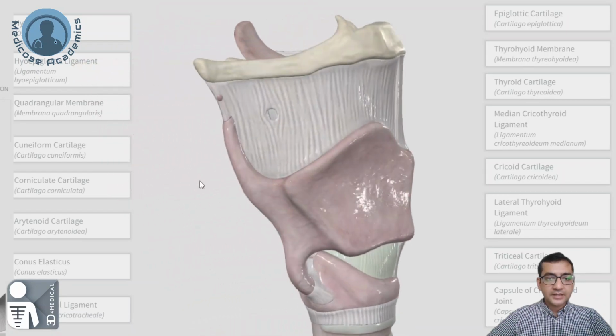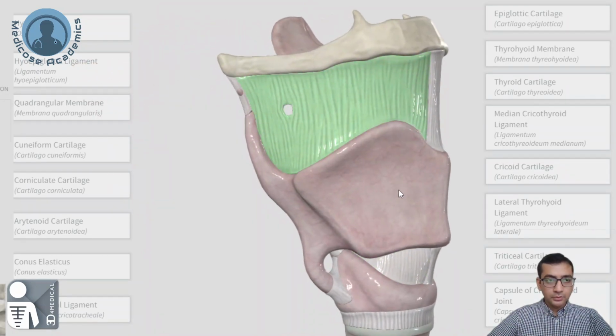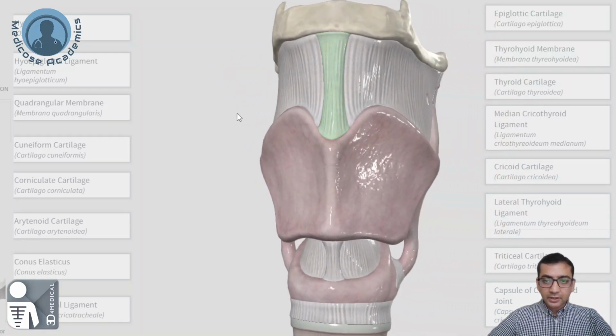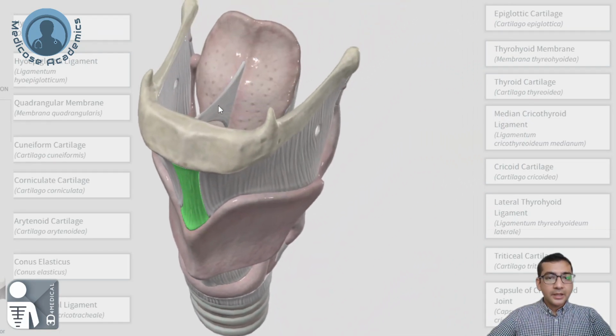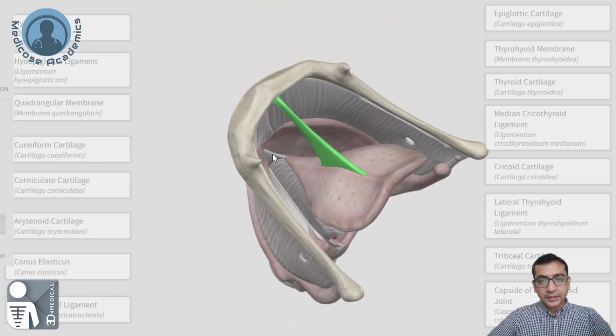And there are ligaments that are connecting to the outside, like thyroid cartilage to the hyoid bone, the thyroid membrane, its midline part, the median thyroid ligament. If we look from the outside, the ligament that is joining hyoid bone to the epiglottis and the ligament that is joining thyroid cartilage with the epiglottis are counted as extrinsic ligaments.